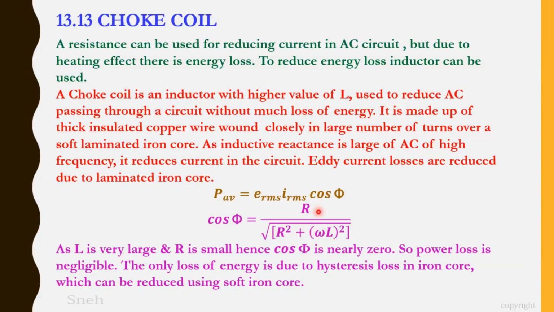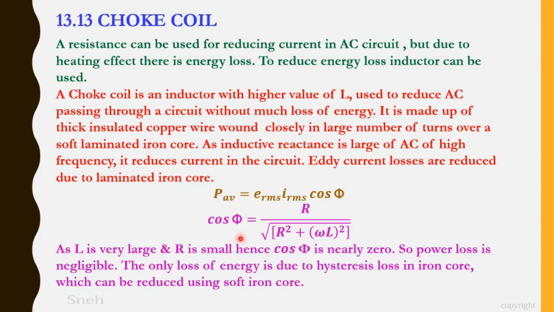Now, as R is small, R square is smaller, and in comparison with omega L square it is negligible, but it is present in the denominator, whereas R, which has a small value, is present in the numerator. Due to that, the total value of cos phi becomes negligible, or nearly equal to 0.